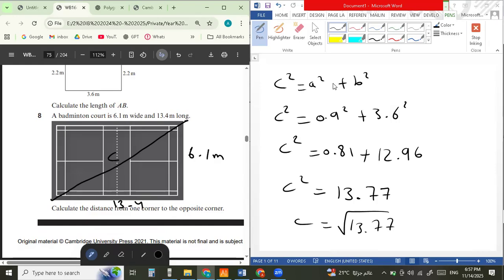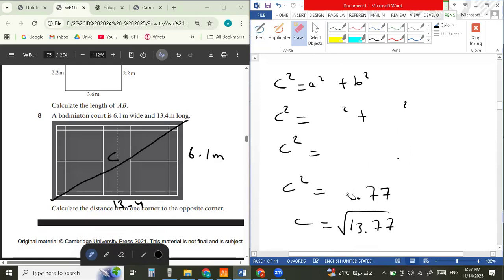C squared equals A squared plus B squared. But instead of 0.9, I'm going to use the new values. Everything is exactly the same. So I'm going to write here 13.4 squared plus 6.1 squared.